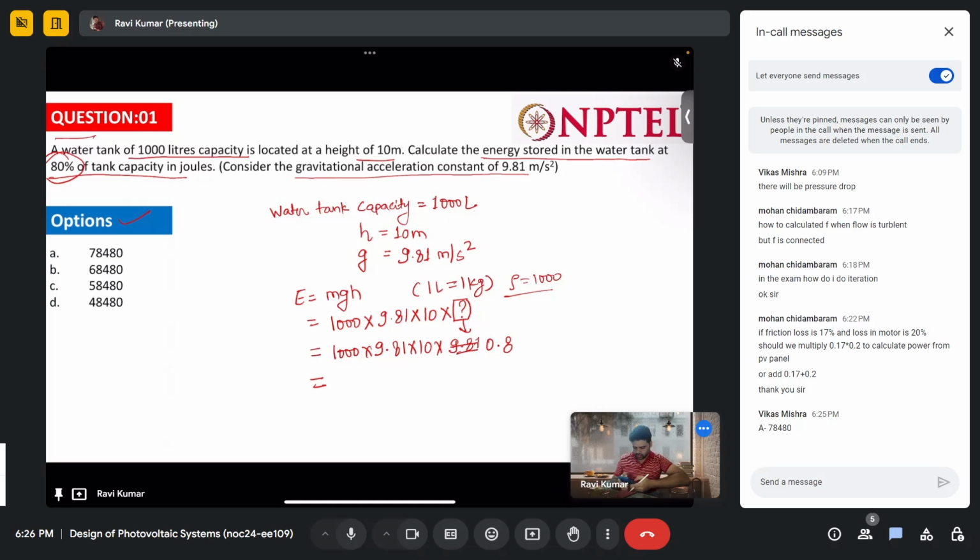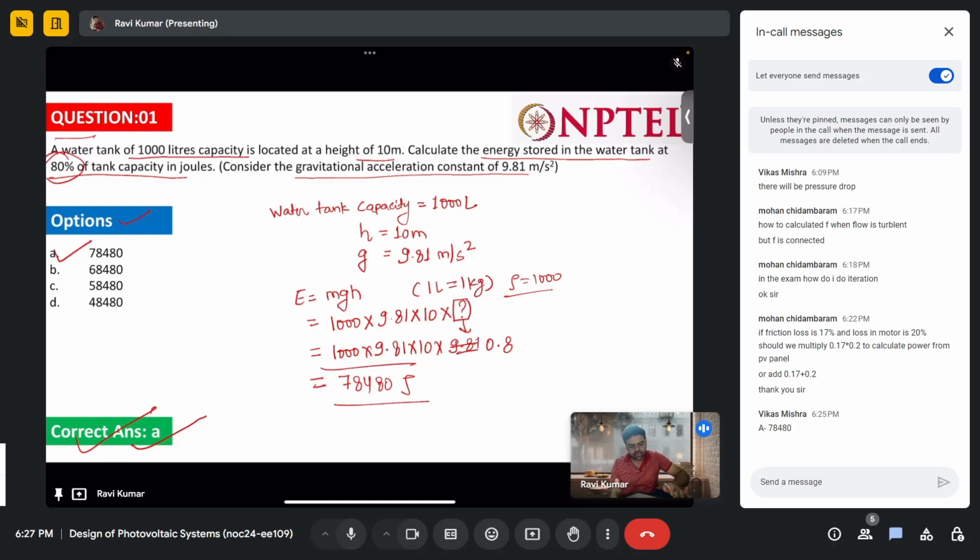I hope A is the correct answer. Let me also calculate. 78480. Yes, absolutely correct. 78480 joules. Yes, A is the correct answer.